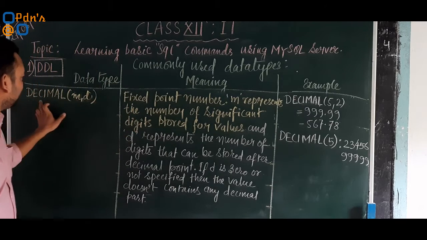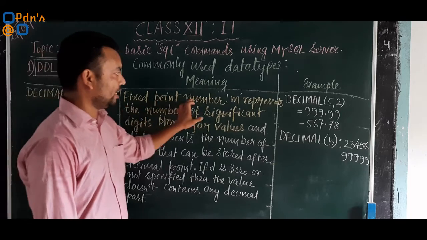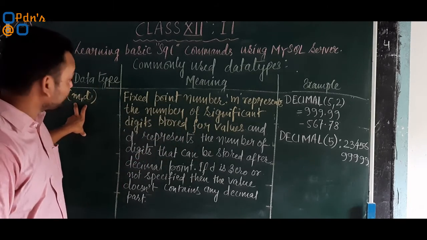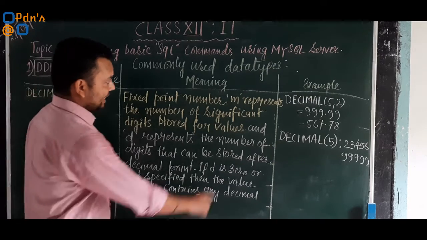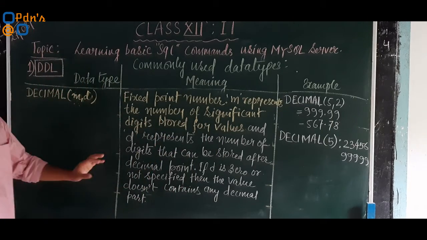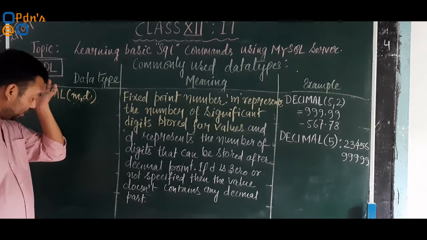Inside the brackets two characters are there, M and D. Here M represents the number of significant digits stored for values. Suppose we have a 5-digit number which has to be stored before the decimal point.